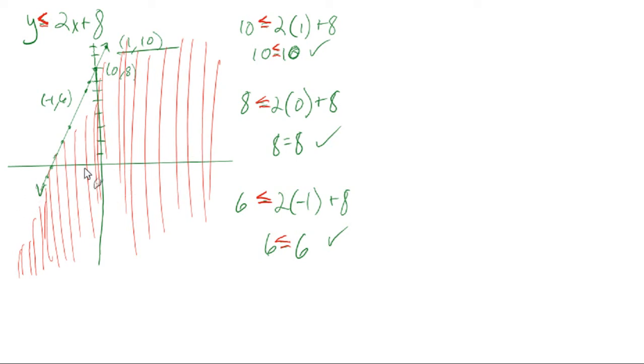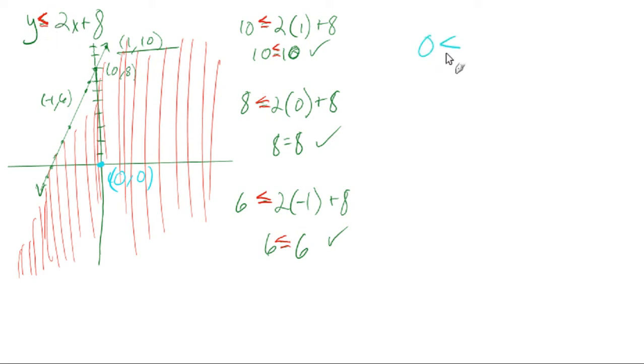Which will also show you a way of testing this. Let's test this point. This point is 0, 0. Okay, so if our theory is sound, then this point, when we plug it into here, should come out to be true with this symbol less than or equal to.